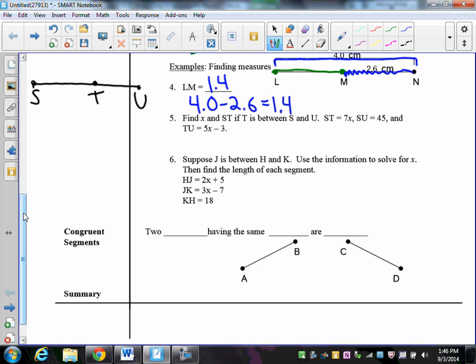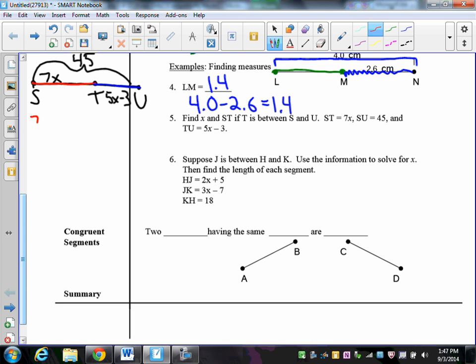It says ST is 7X, SU is 45, so this whole thing is 45, and TU is 5X minus 3. So do you see how I would add this up? If I take the red segment plus the blue segment, I get the entire segment.